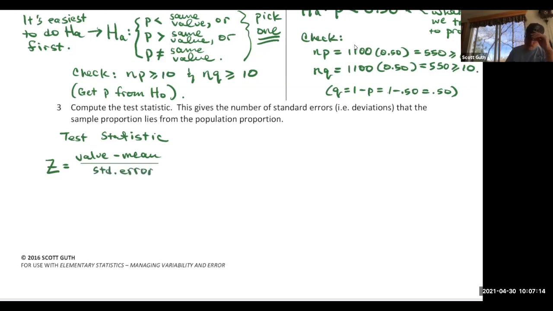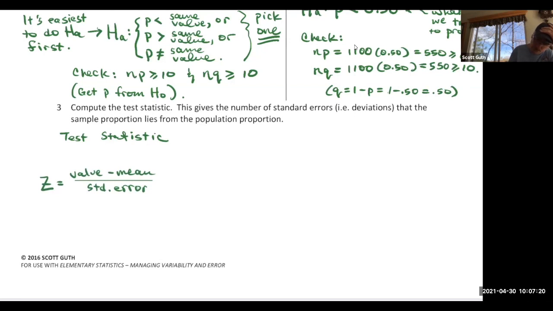So the value is going to be our p hat, to see how many standard errors it is below the mean. The mean of sample proportions is the population proportion. It has been a while since we've seen this. And the standard error of sample proportions, that's called sigma p hat. So the standard error is the square root of PQ over N. So that's all sort of old information.